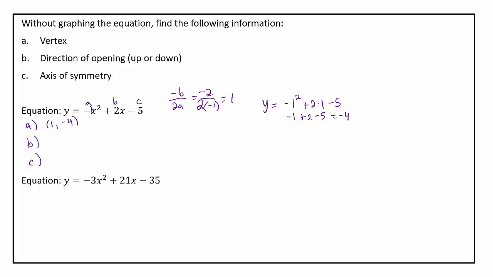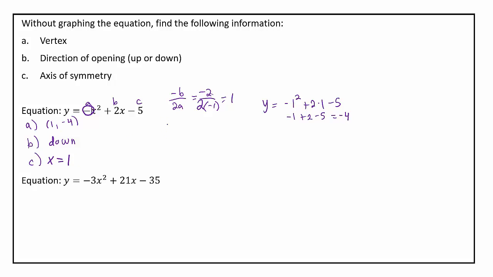The direction it opens comes straight from the sign that's in front of x squared. A negative means that it opens down. A positive in front of x squared, or not having a sign in front of x squared, which means positive, means it opens up. The axis of symmetry is a vertical line, so it's x equals whatever the x-coordinate of the vertex is.